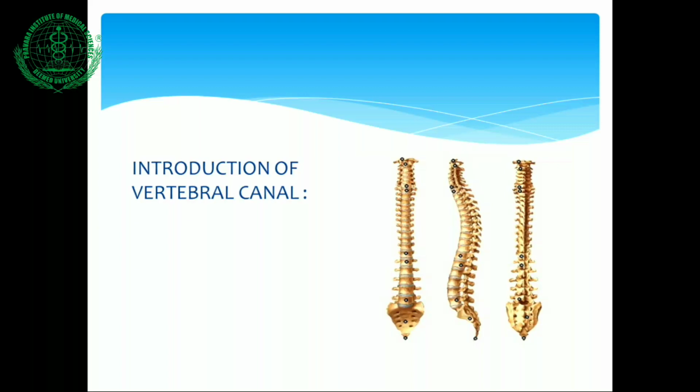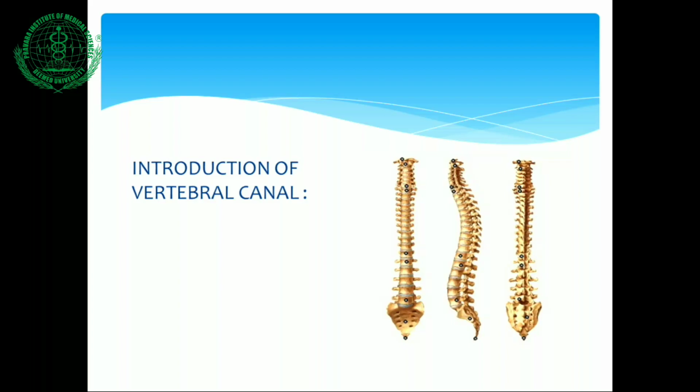So first, the introduction of the topic, contents of vertebral canal. First, in short, about the vertebral column. All of you know the different vertebrae which are involved in the formation of vertebral column. The vertebral column in the body is formed by 33 different vertebrae.